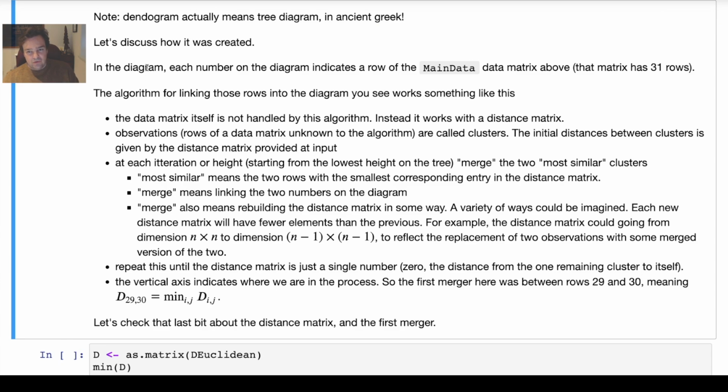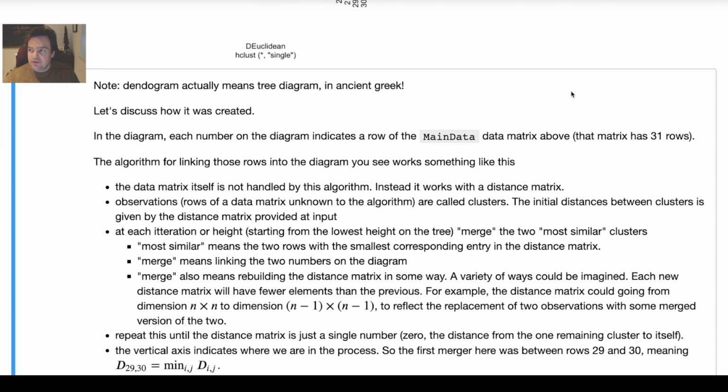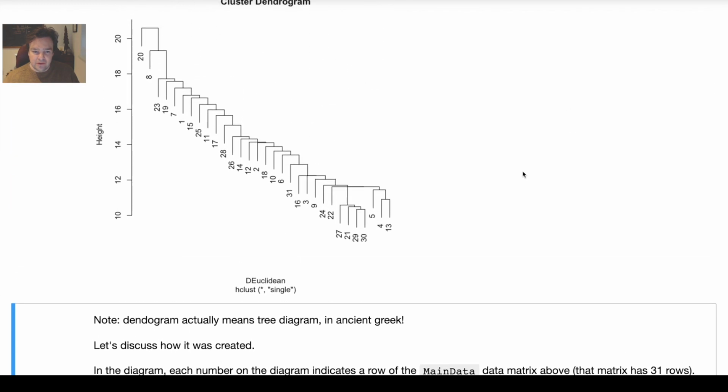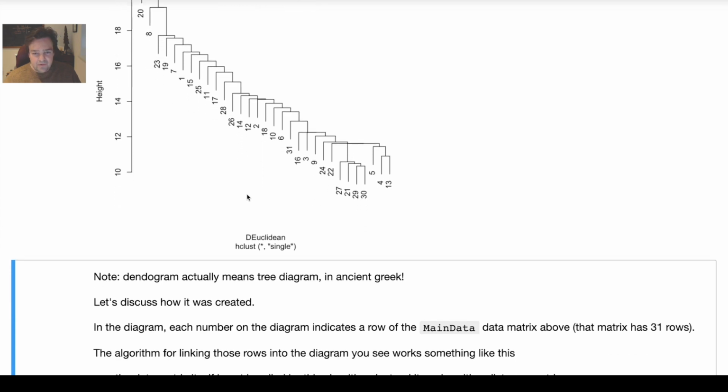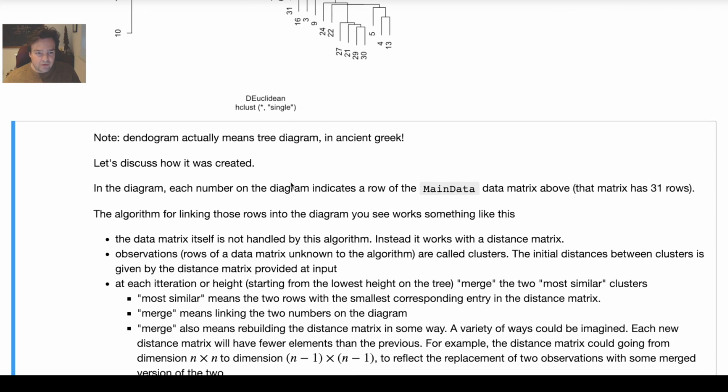The first thing to know is that the numbers you see along the bottoms of these little branches refer to the observation number, right? So there should be 31. Yeah, there are 31 observations, or maybe 30. We'll see why that makes sense in a minute. So these are the different observation numbers.